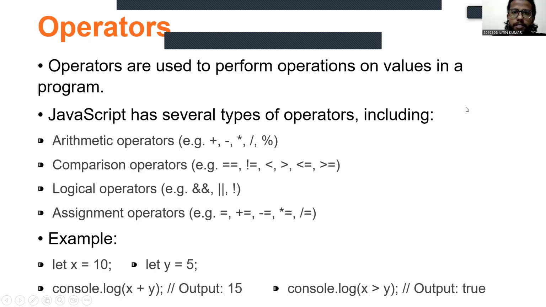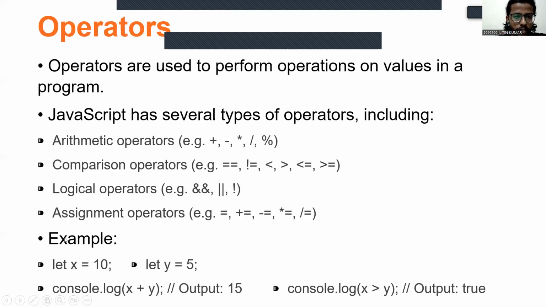Coming to operators, there are different types of operators that can be used in JavaScript. These are arithmetic operators, that is addition, subtraction, multiplication, division, and modulus. There are comparison operators: equal to, not equal to, greater than, less than. There are logical operators: and, or, and not. Assignment operators are also there.